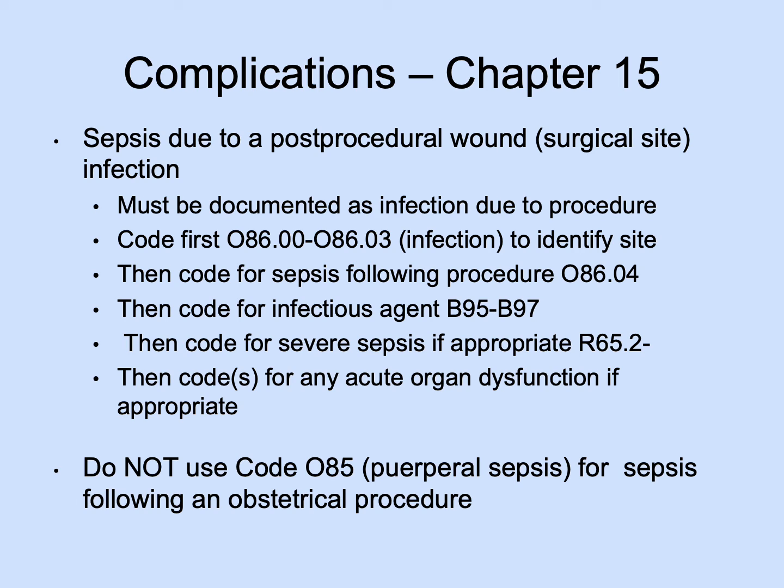Then code for sepsis following procedure, O86.04. Then infectious agent, the B95-B97. Severe sepsis, if appropriate, R65.2. Then any acute organ dysfunction, if appropriate. Do not use code O85, puerperal sepsis, for a sepsis following obstetric procedure.